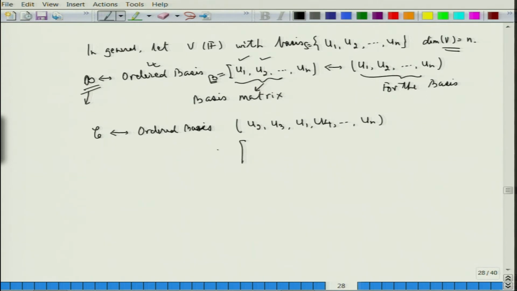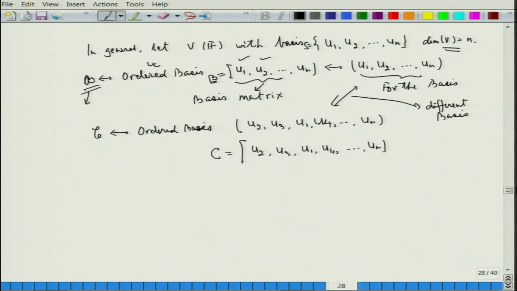Accordingly, my C matrix will be u2, u3, u1, u4 and un. Fine. So these two are different bases. This is what you have to be careful about, because I am looking in terms of ordered basis, not a basis, and as ordered bases they are different.